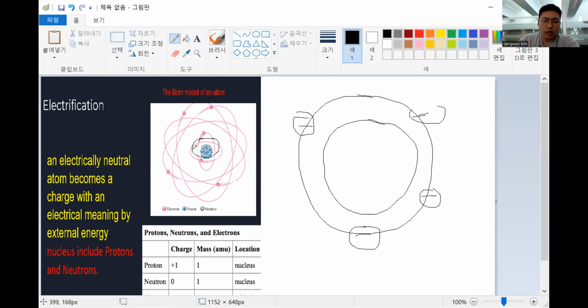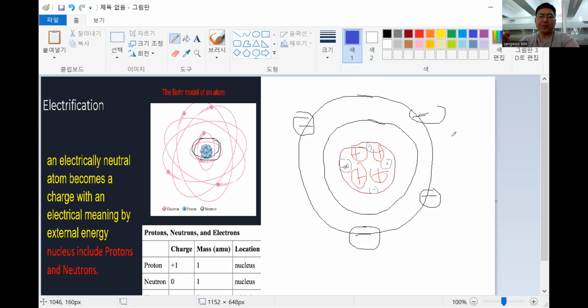Here, proton and neutron. Neutron is just nothing. So let's talk about it.